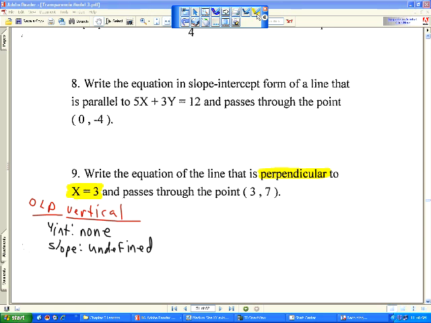It says perpendicular. What kind of a line is perpendicular to a vertical? A horizontal. And so my new line is a horizontal line. What is the y-intercept of all horizontal lines? The constant y value.